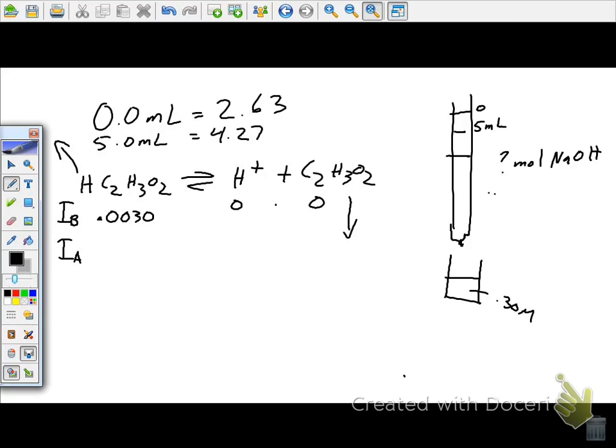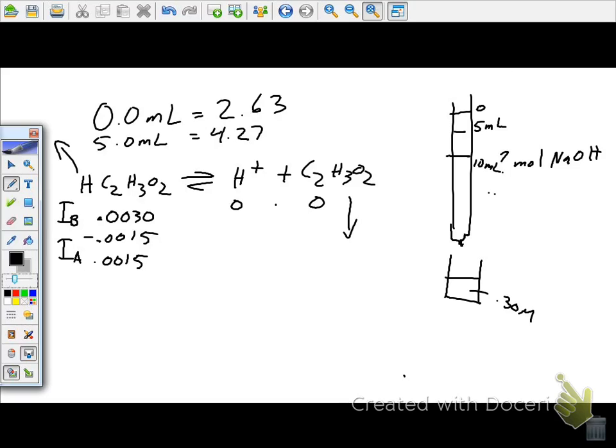We're down to here. How much of the base we added will be what you subtract. So how many moles did we add of the base? Another 0.0015. How much is left over? 0.0015, right? So half of it's titrated.